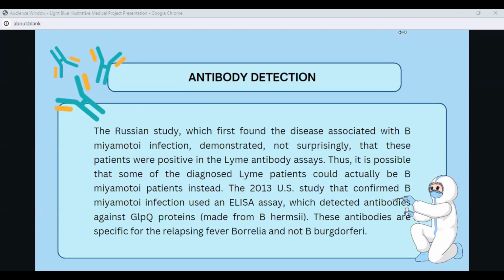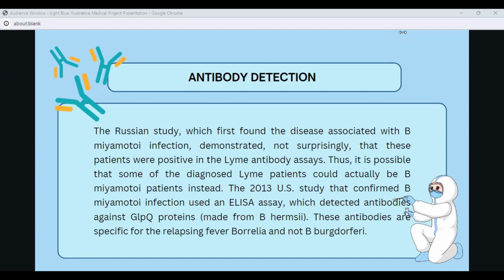The 2013 U.S. study that confirmed B. miyamotoi infection used an ELISA assay, which detected antibodies against GLP2 proteins, which are made from B. hermsii. These antibodies are specific for the relapsing fever Borrelia and not B. burgdorferi.